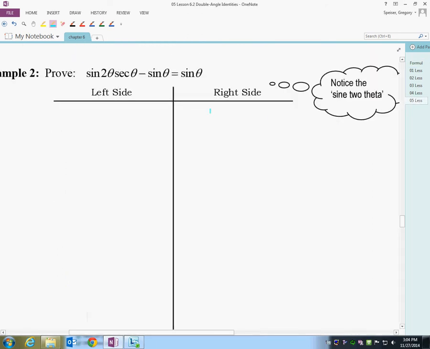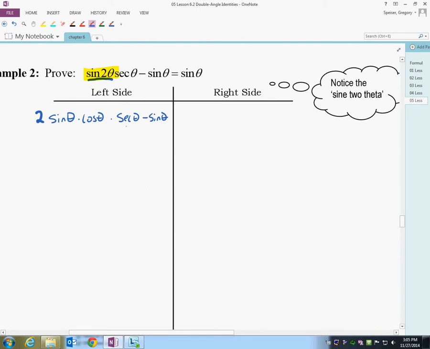So the sine of 2 theta, this piece here, I will be copying it out, will be equal to 2 times the sine of theta times the cos of theta times the secant of theta, minus the sine of theta.